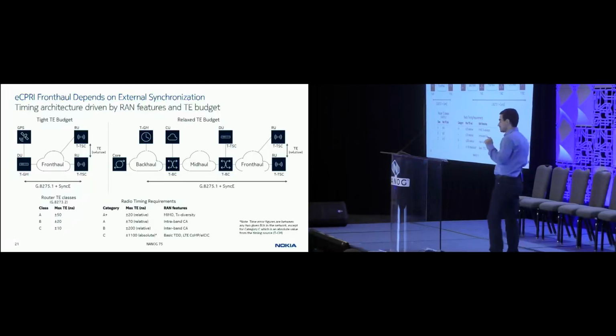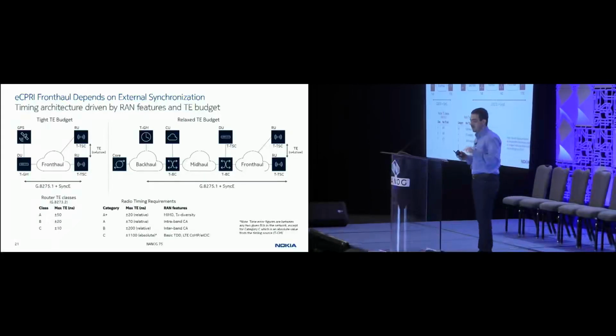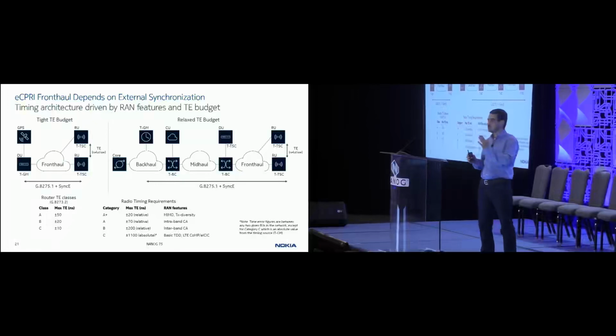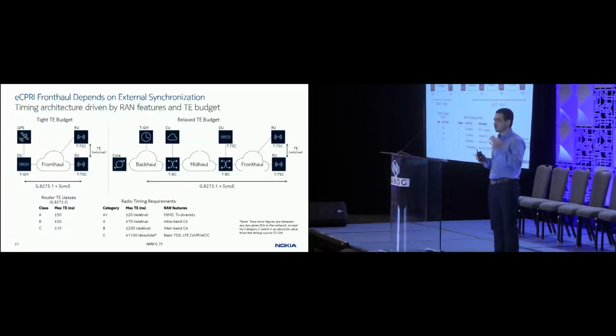And the way we do this is by implementing G.8275.1, which is full timing support, meaning that every hop across the path is going to support timing, support boundary clock in terms of 1588, right? And we also recommend that we use SyncE alongside that path.